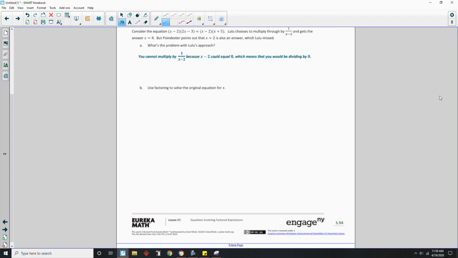So it says use factoring to solve the original equation for x. Okay. So I'm going to rewrite this. x minus 2 times 2x minus 3 equals x minus 2 times x plus 5. And I'm going to move everything over to one side so that it's set equal to 0.